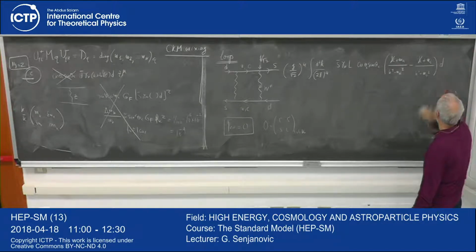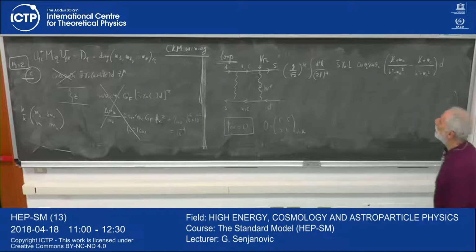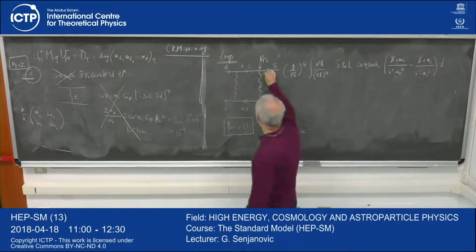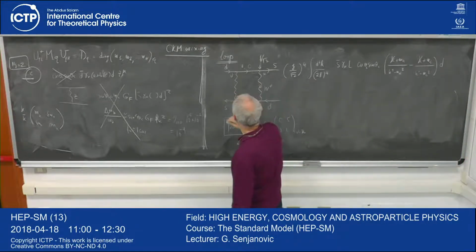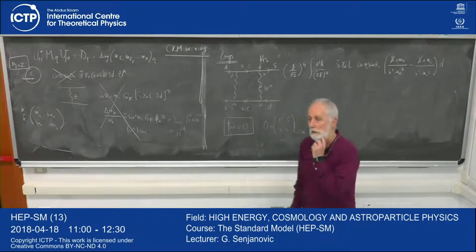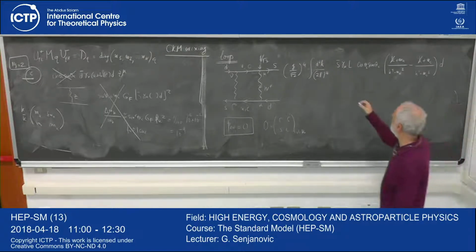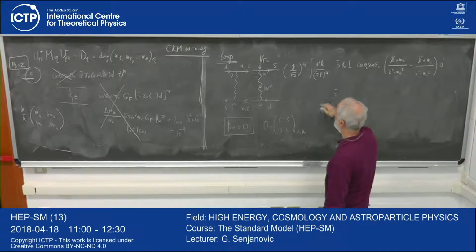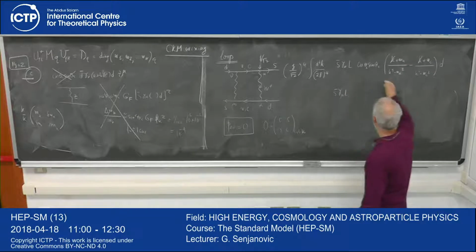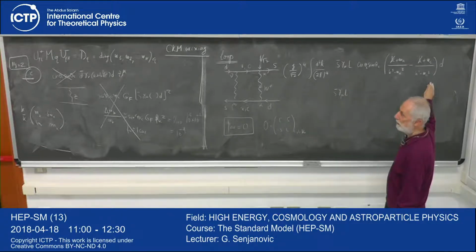I close D here. So I call this vertex mu, and I call this vertex nu. I'm going to call this alpha, and I'm going to call this beta. It's okay? Vertex. So I will have S bar gamma beta L, and the same thing again.